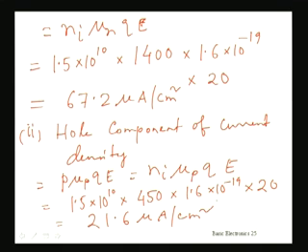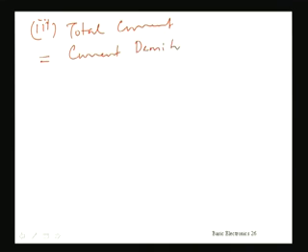Now the third part of the problem says that you have to find the total current in the silicon bar. In order to find the total current, you have to multiply the current density J by the cross sectional area. So the total current in the bar is equal to the current density into the cross sectional area of the bar.